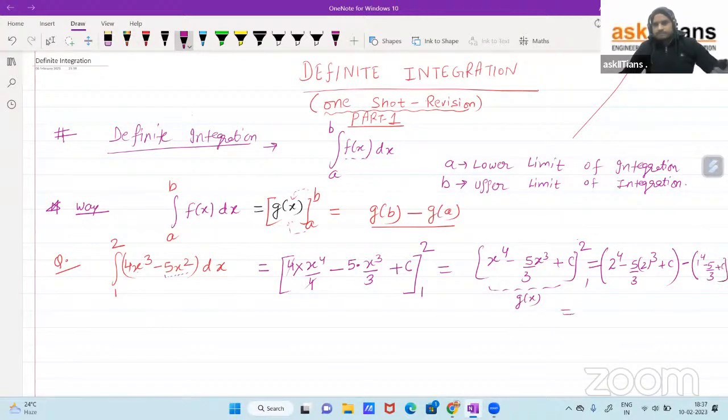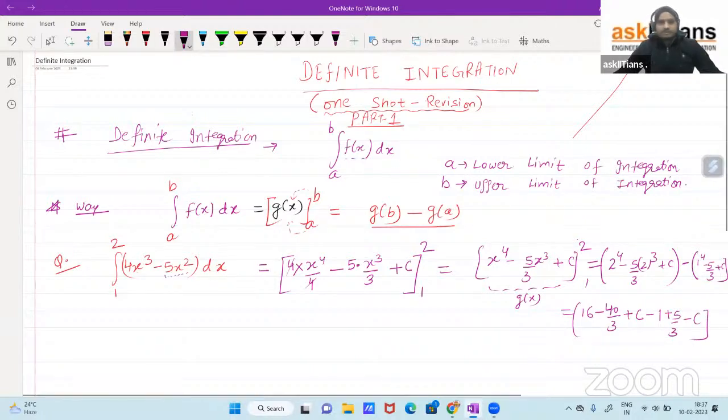So that will be 16 minus 5 by 3 into 8, 5 eights are 40, divided by 3 plus c, and this side it would be 1 power 4 would be 1 only, minus, minus plus 5 by 3 and minus c. So see here, this c and this c will be cancelled. Plus c minus c will be cancelled, right?